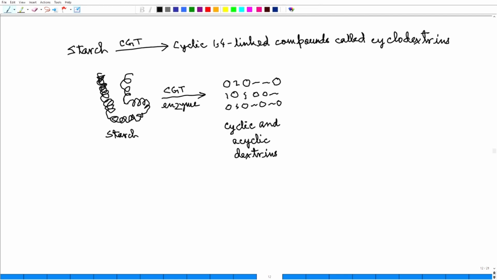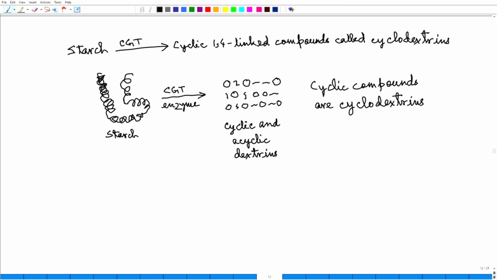These cyclodextrins are important for us. These cyclic compounds are called cyclodextrins.